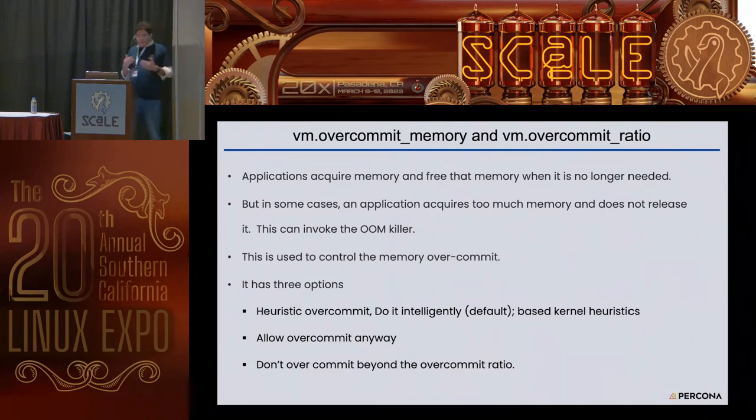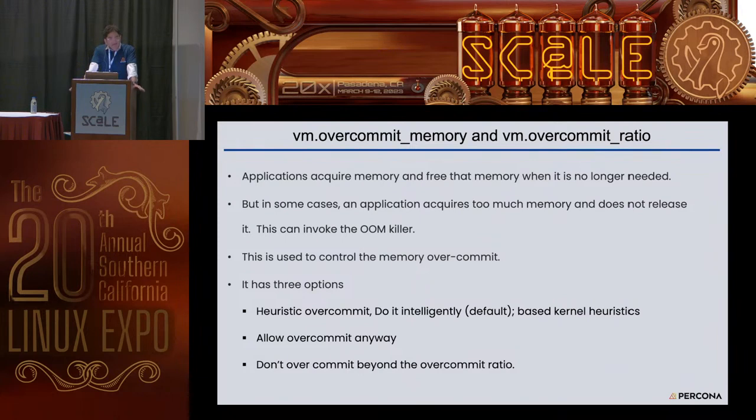So there is a value. You want your kernel to have an option to overcommit or not overcommit. The default is heuristic overcommit: do it intelligently. If it is required, give it, commit it, overcommit it, it's your choice.